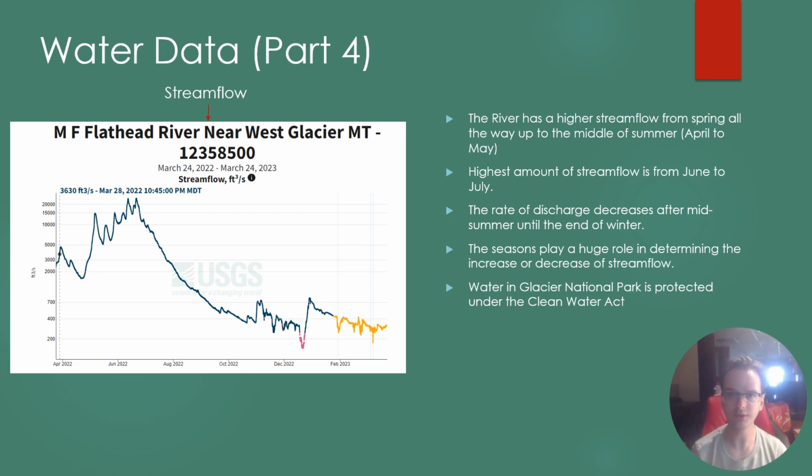I believe the reason it was difficult to find any information on McDonald Creek is because Glacier National Park's water is protected under the Clean Water Act. So we can kind of assume that the water is clean, but there's just not a lot of data on it, even though it's being monitored all the time.